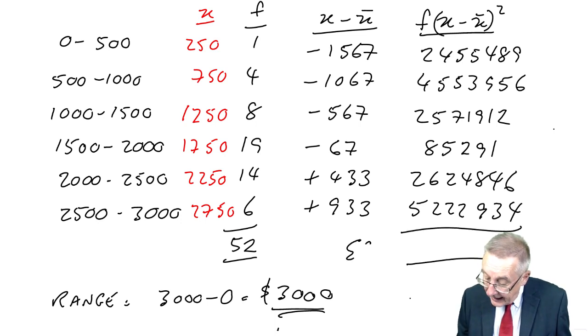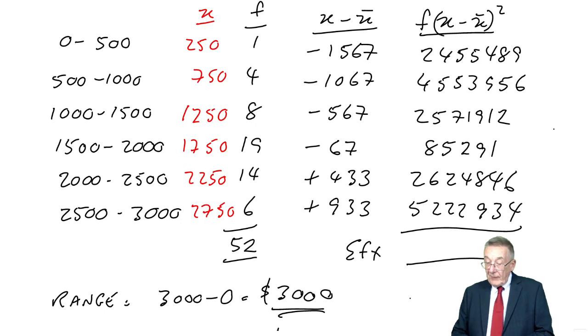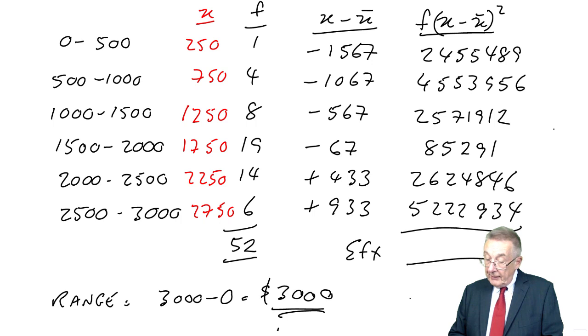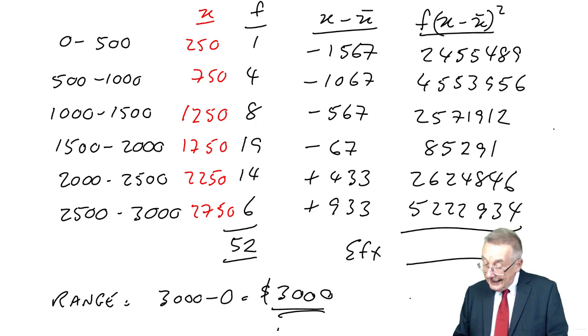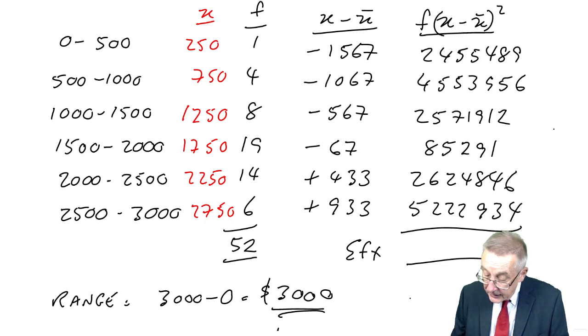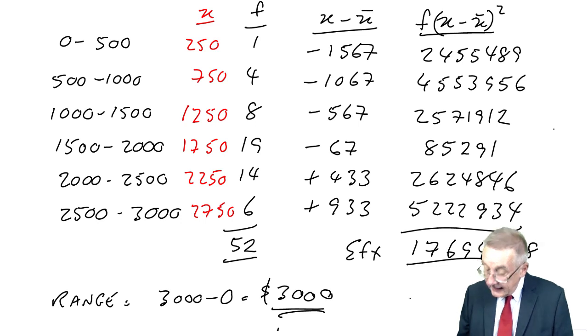The total, sigma fx. Here we go. 2455489 plus 4553956 plus 2751912, 85291, 2624846, 5222934. I hope I'm right. I get 1769448.